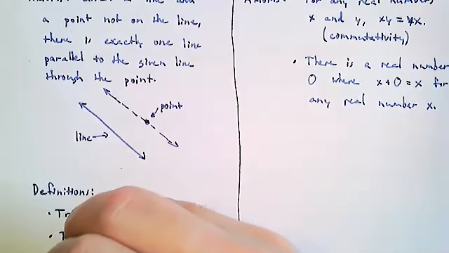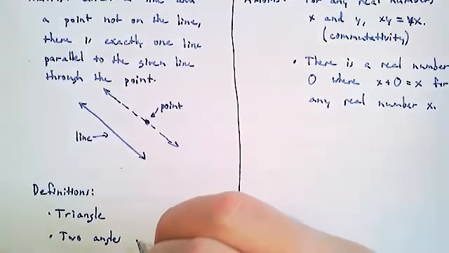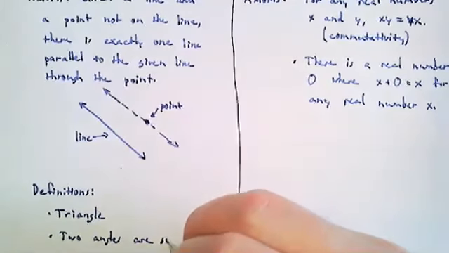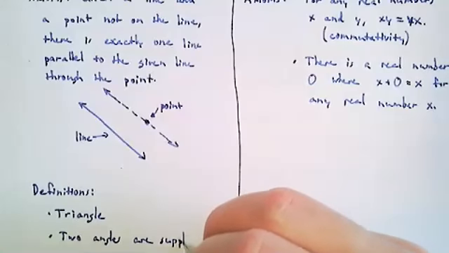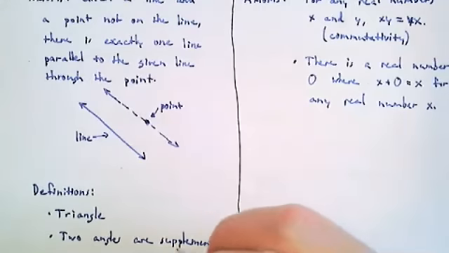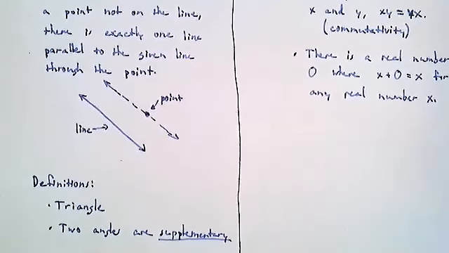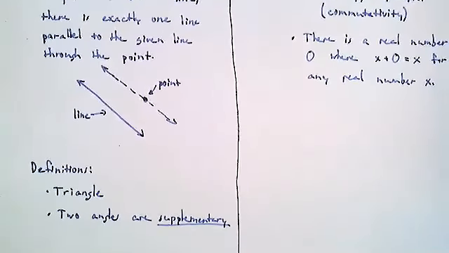That one I might want to actually write out. 2 angles are supplementary if their measures sum up to 180 degrees.